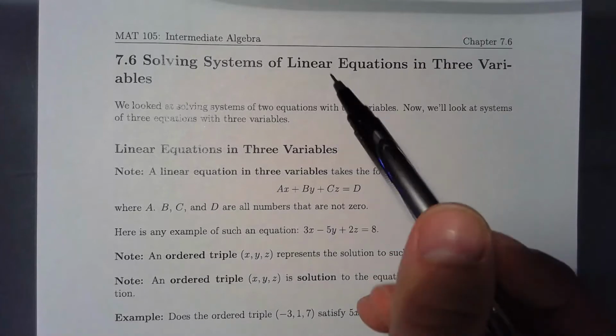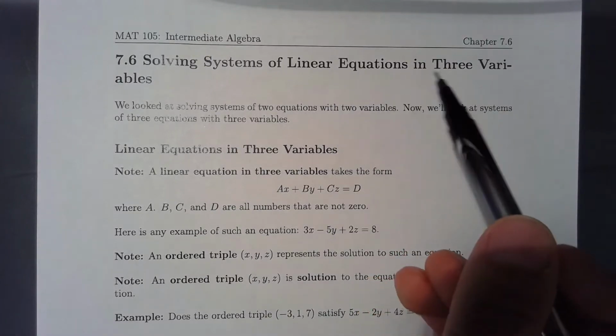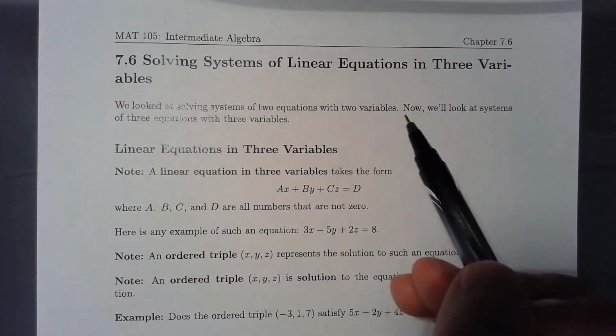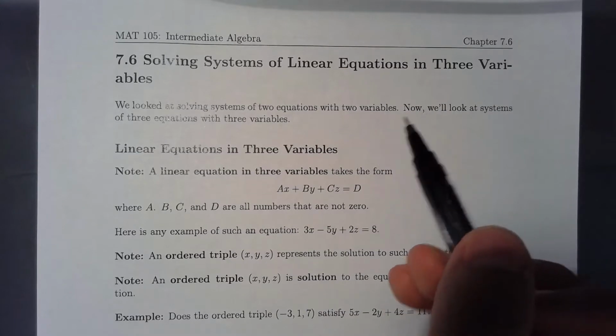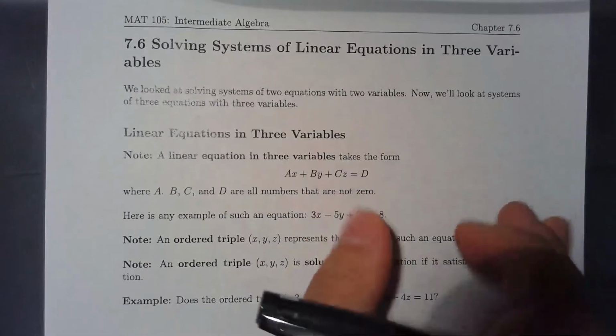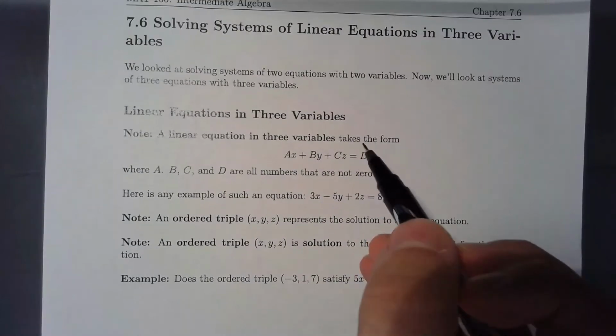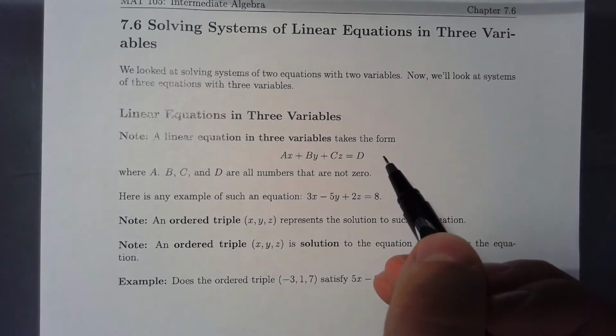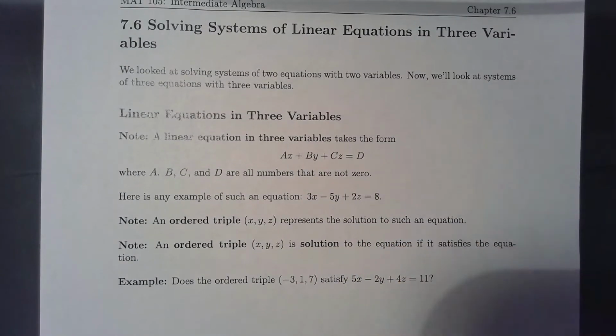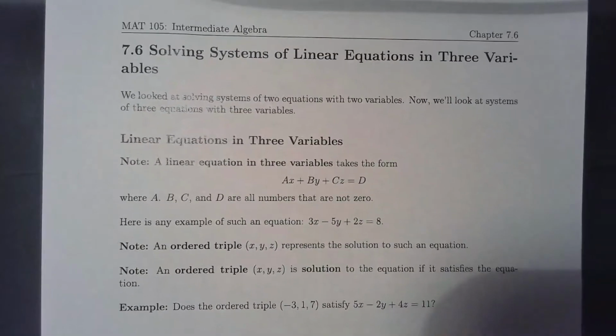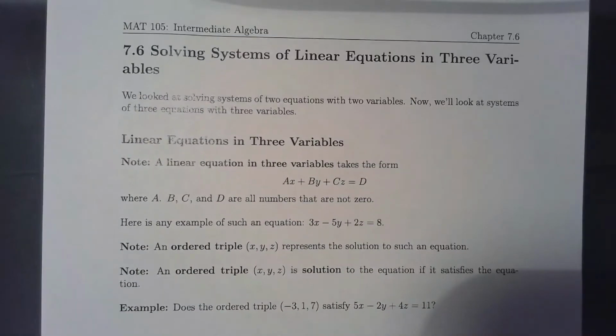But now we're going to look at systems of linear equations in three variables. So we're just adding an extra variable to the whole thing. Other than that, this section is pretty straightforward and pretty short.